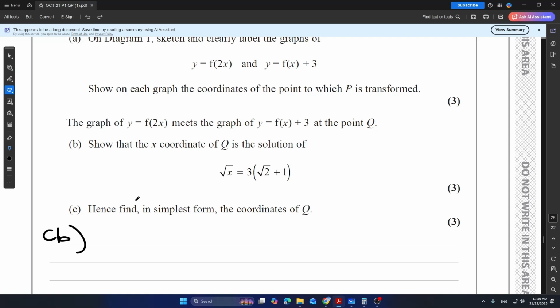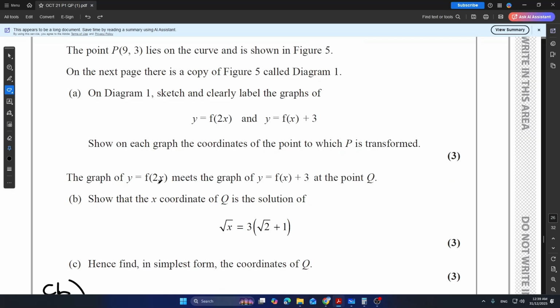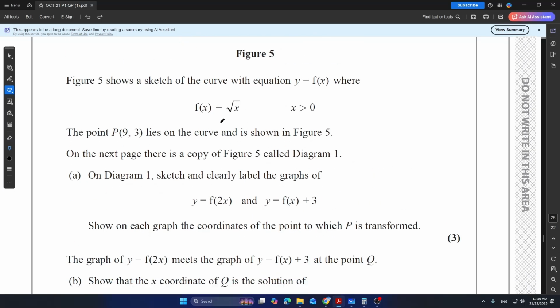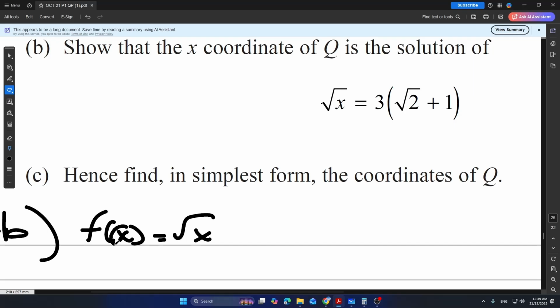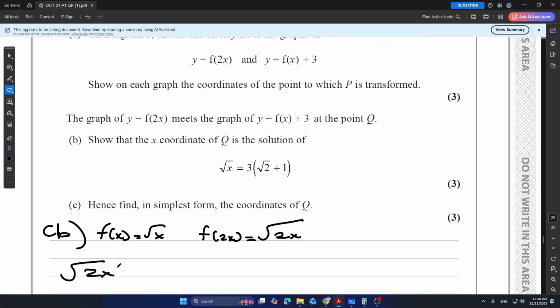Now show that the x coordinate of the point Q, where they intersect, is a solution of this. What we need to do all the time when two graphs intersect is equate them. y equal to f(2x). I can substitute what's in the bracket, because this is f(x), so f(2x) is just me replacing x with 2x. Since f(x) equals root x, f(2x) is root 2x, and f(x) plus 3 means root x plus 3.